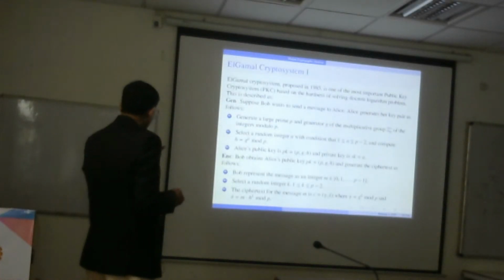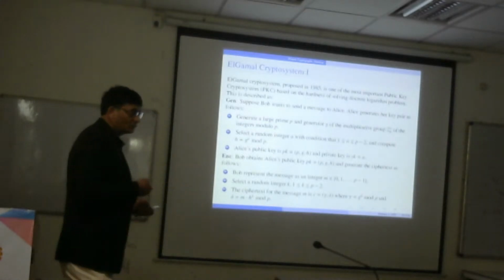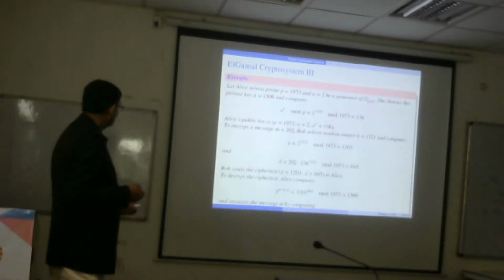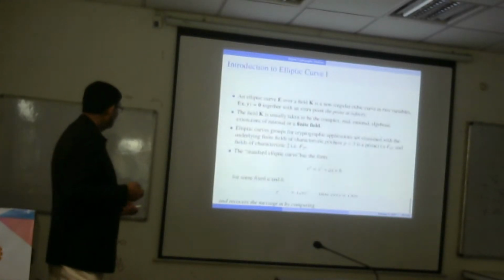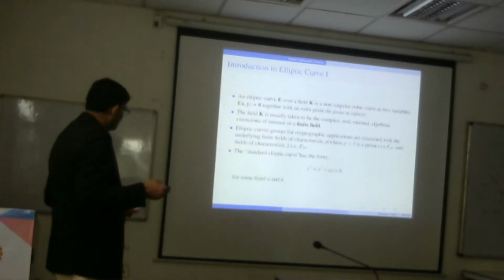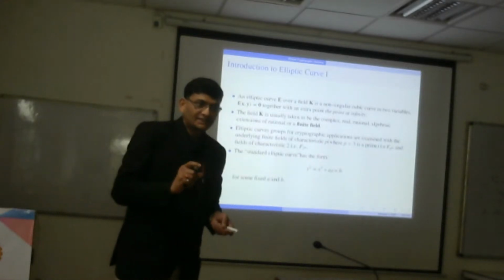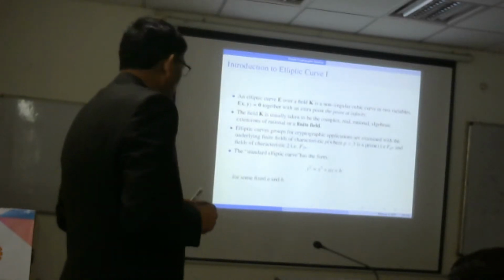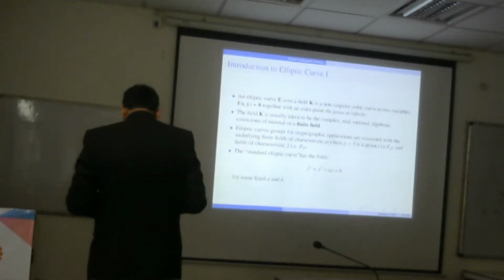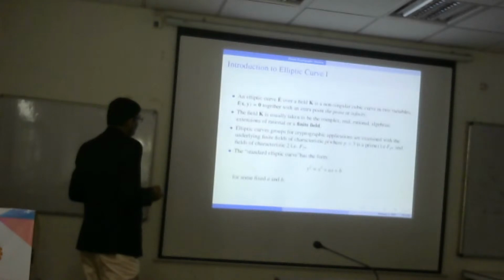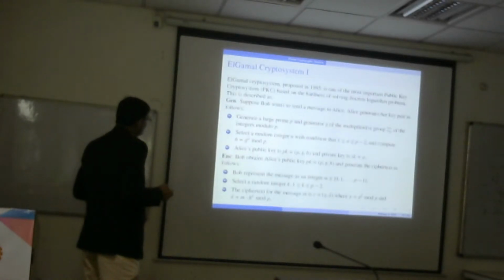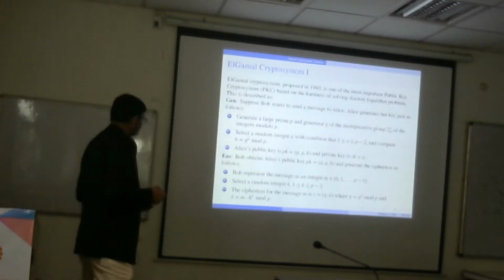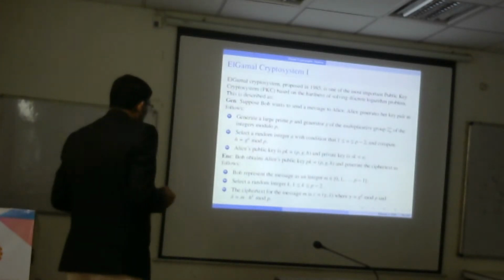Example of crypto system, I think we can skip that. Here, the ElGamal crypto system example. Now the next protocol is another, that's elliptic curve cryptography. So as you have seen, in the ElGamal crypto system, what do you need?